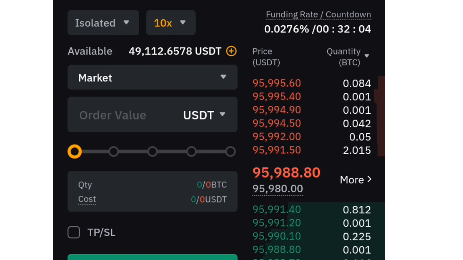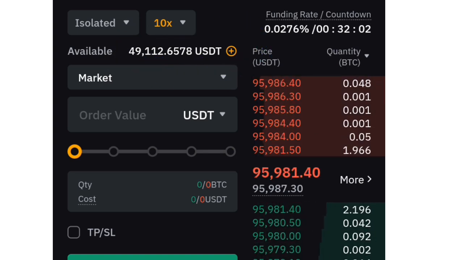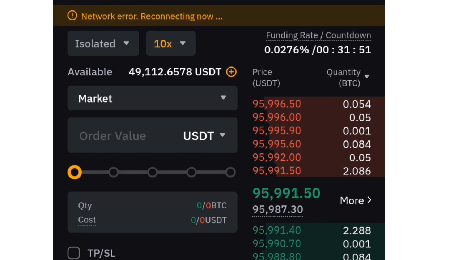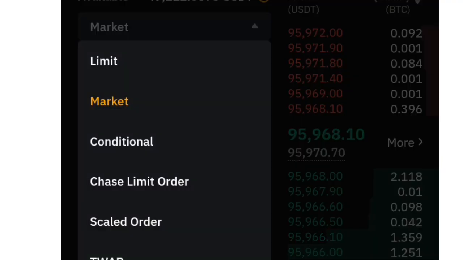You can see market over here. If you click on buy or sell when this is on market, it means you are buying at the current market price. You can still change this by clicking on this sign here, so you can change it from market to limit.